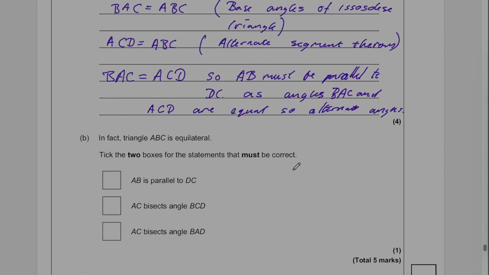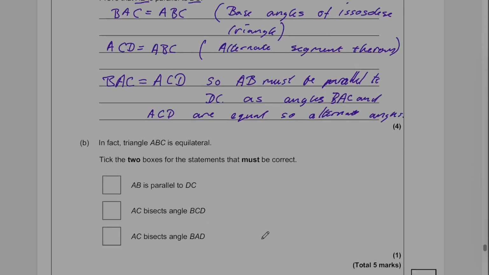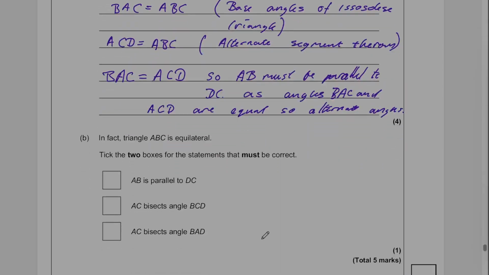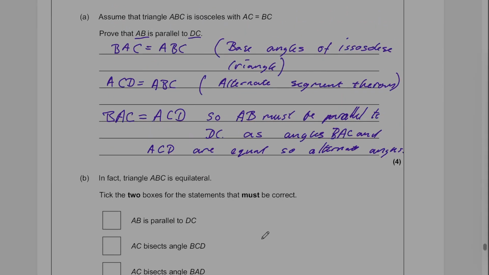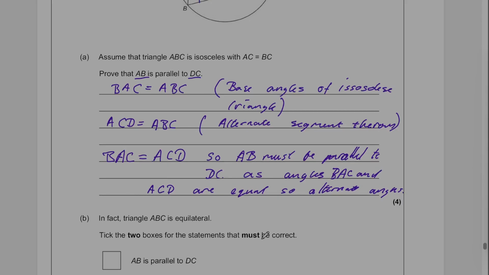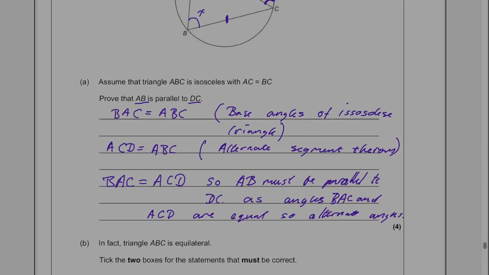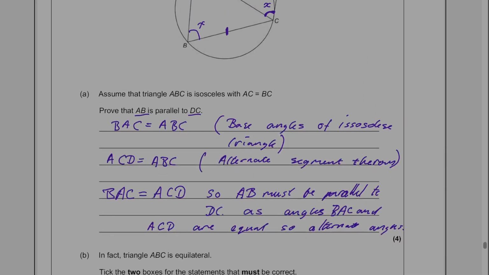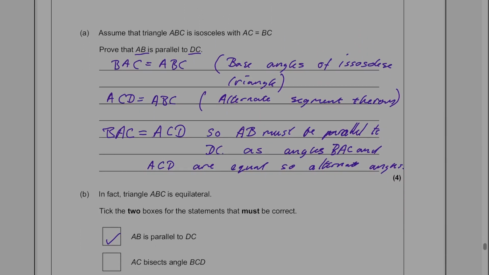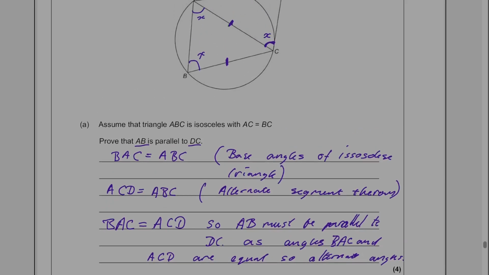Okay, part B. In fact, the triangle is an equilateral triangle. Tick two of the statements that must be true. So AB is parallel to CD. AB has still got to be parallel to CD, so that would be true. AC bisects the angle BCD.